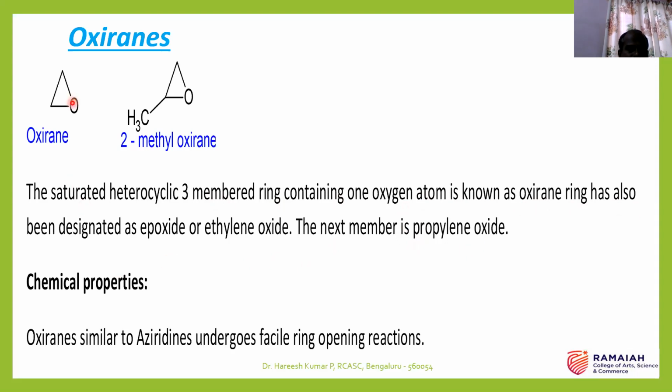So this one is propylene oxide, and this one is ethylene oxide. One more name for oxirane is epoxide. Let's look into the chemical properties. As in the similar case of aziridine, oxirane undergoes facile ring opening reaction. With this, I will go to the next slide.